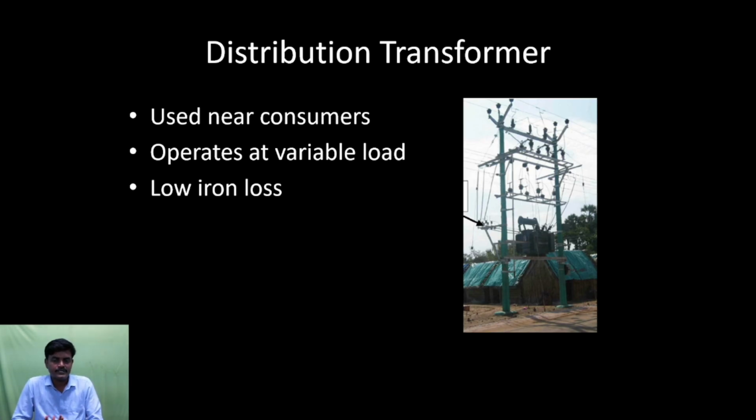So in the transformer we are connecting loads, not a constant one, it is the variable one. So if new connections are applied by the consumer, those connections are also given to that particular roadside transformer, and it maintains low iron losses.